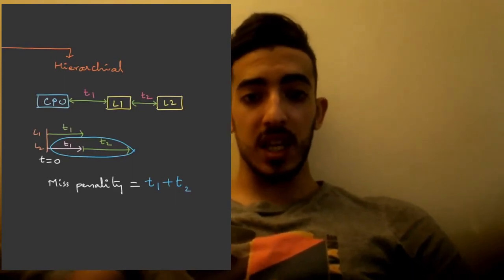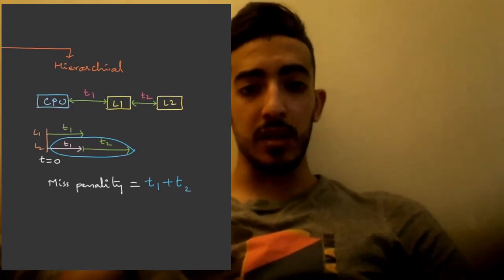As we can see here, this process will take us T1 plus T2, access time of cache and then access time of memory. To further understand that, for example, we can take a third level, like the auxiliary memory. If it can't be found in either cache or main memory, we will have to fetch it in the auxiliary memory. So the needed time will be T1 plus T2 plus T3.